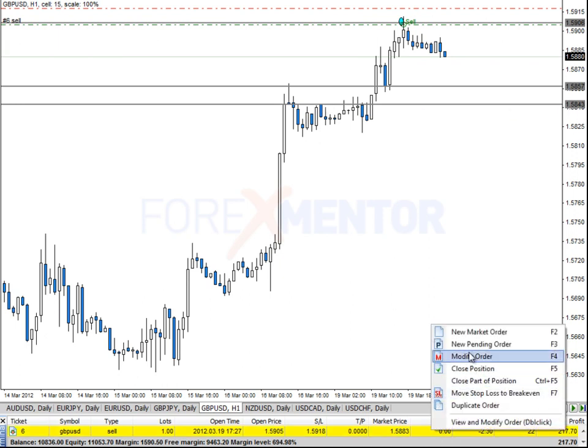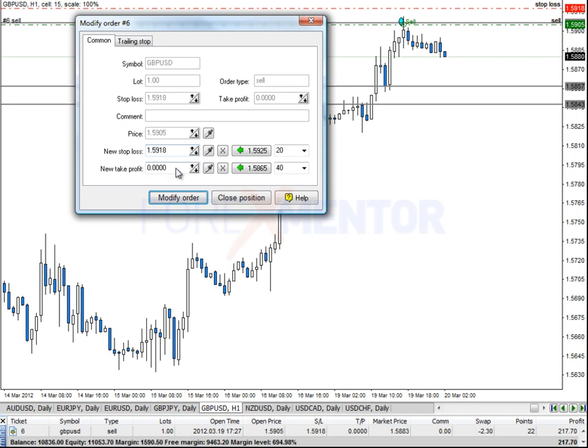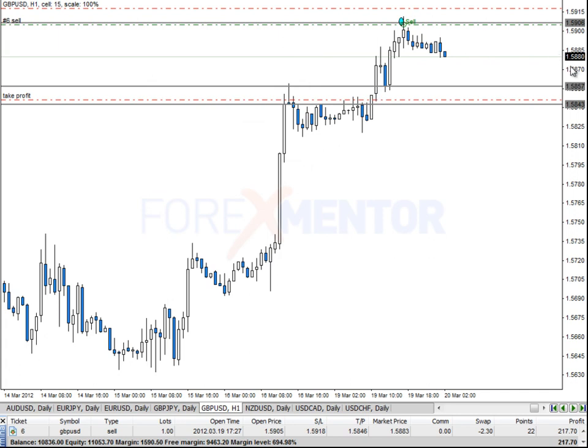So I'm going to modify this, and I'm going to take a target of 58.43 plus the spread, so 58.46. Modify that. So you can see in terms of risk reward, we've got a very nice risk reward on the trade here. So we're risking 13 for a target around 59.60 pips.